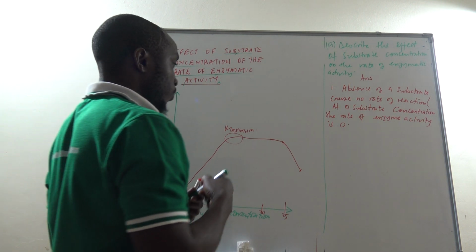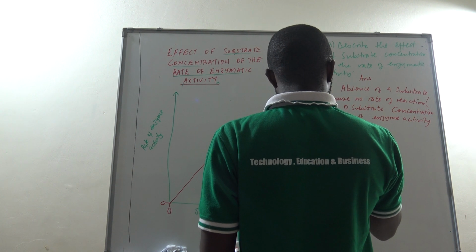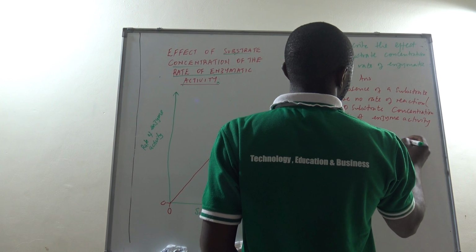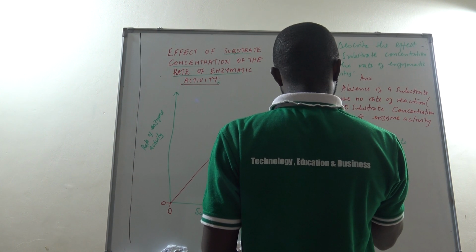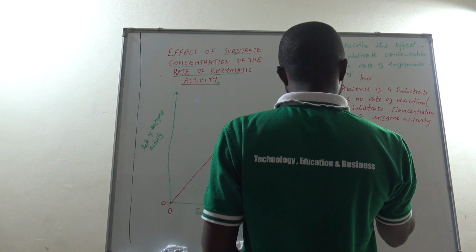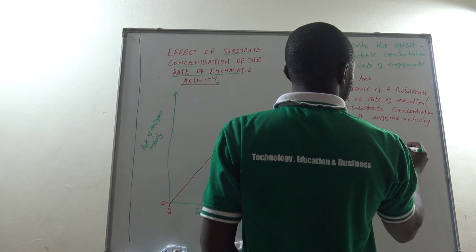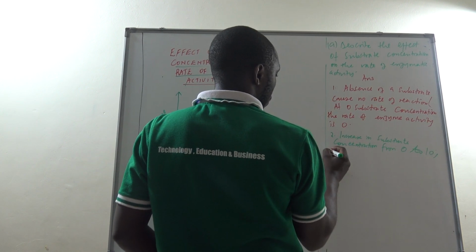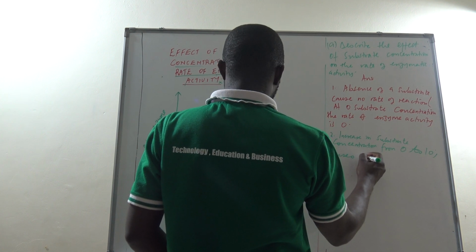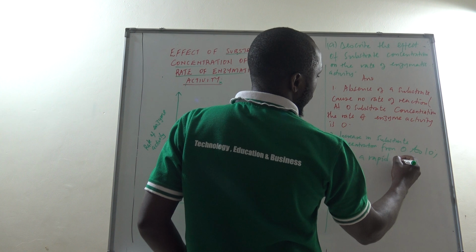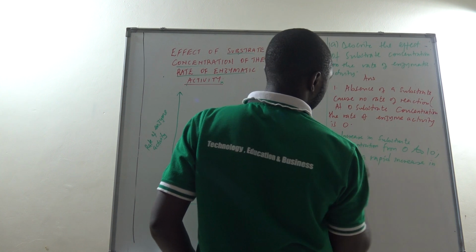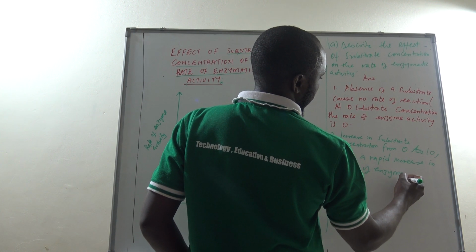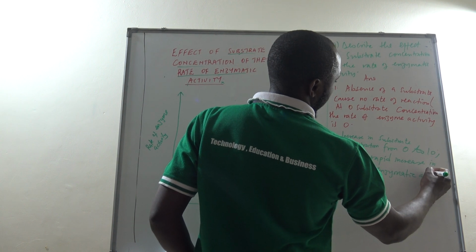According to this, somebody can now say increase in substrate concentration from 0 to 10 causes a rapid increase in the rate of enzymatic activity.